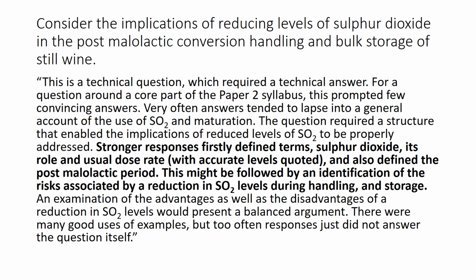And also define the post-malolactic period. This might be followed by an identification of the risk associated by a reduction of SO2 levels during handling and storage. An examination of the advantages as well as the disadvantages of reduction of SO2 levels would present a balanced argument. There were many good uses of examples, but too often responses did not answer the question itself.